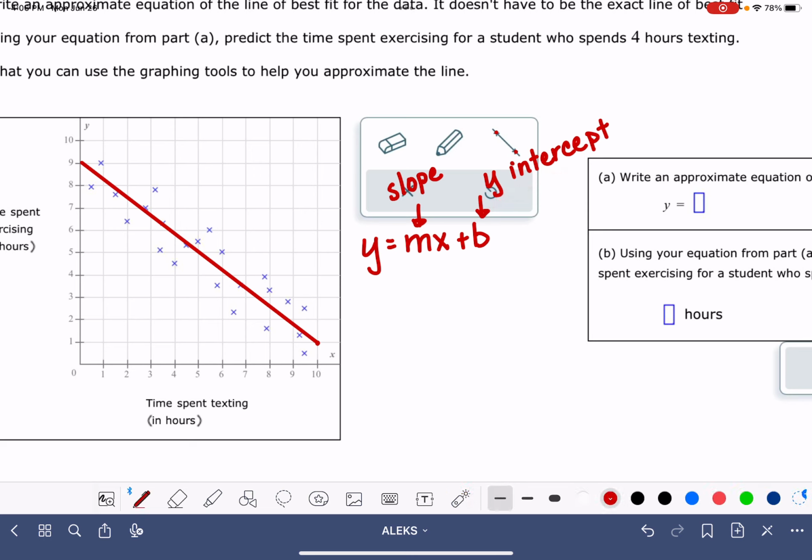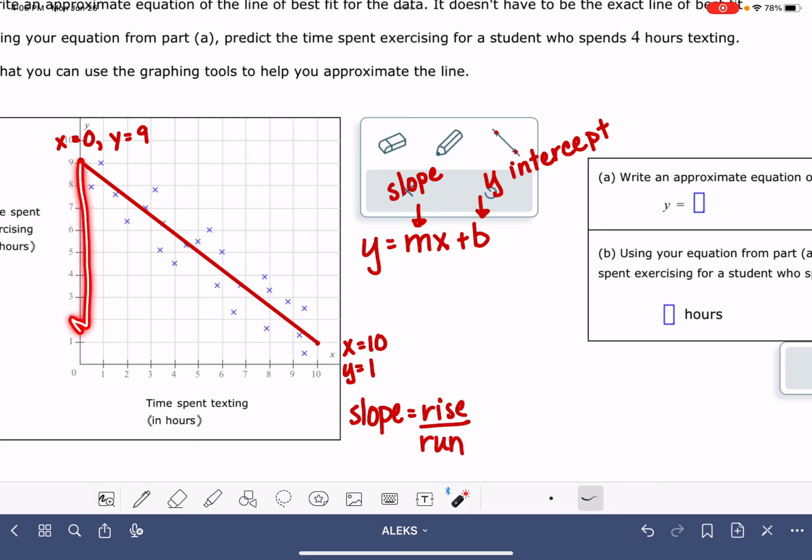So for the slope of the line, which is the rise over the run, I am going to count from this point here, which is x equals 0, y equals 9, all my way to the other point, which is x equals 10, y equals 1. The slope is the rise over the run. And this line is going to have a negative slope because the rise portion is moving down the y-axis.